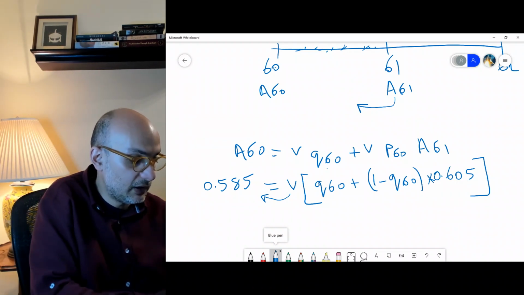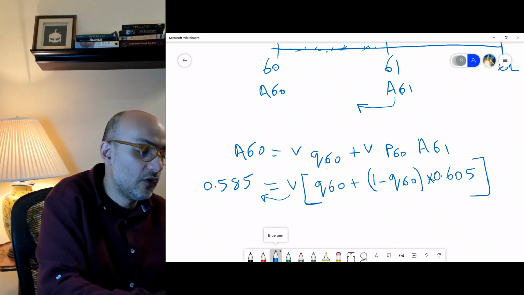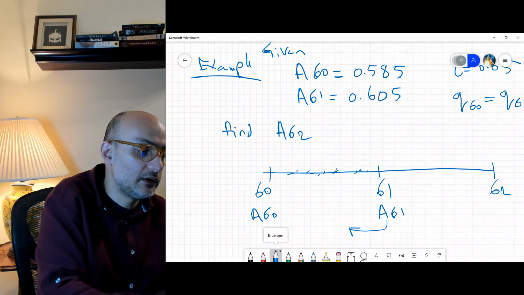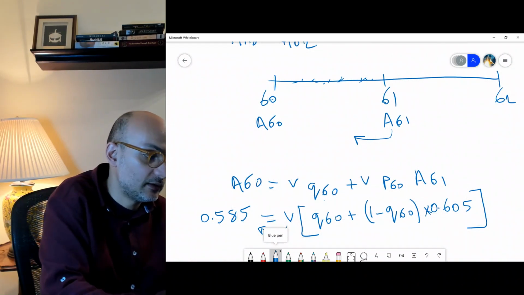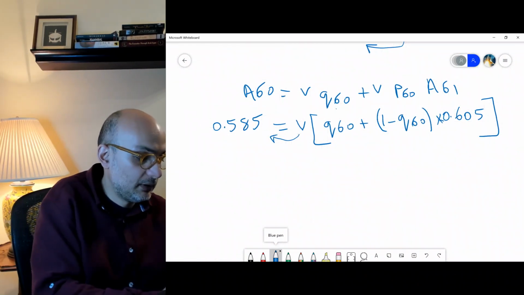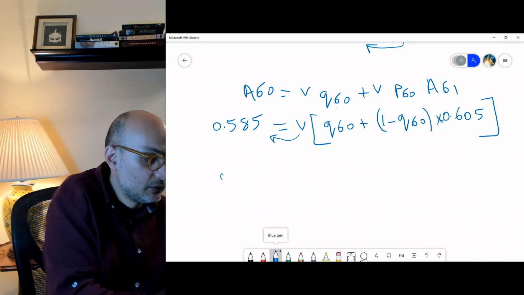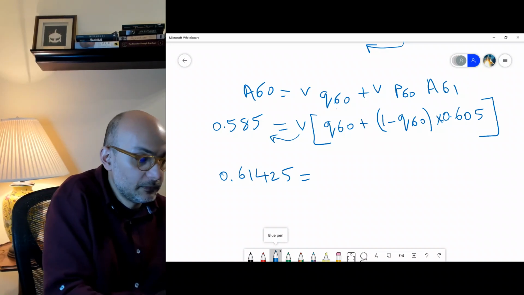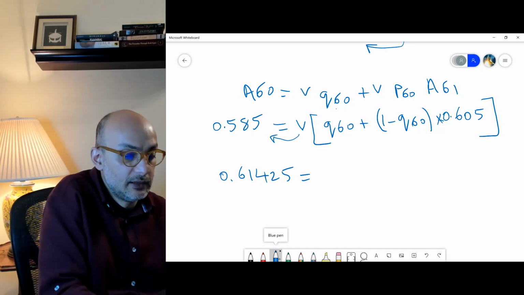So now we have 0.585. Now multiply it by the reciprocal of v, which is 1 plus the interest, which is 5%, multiplied by 1.05. So we have 0.61425 equal. Now let's simplify it here.